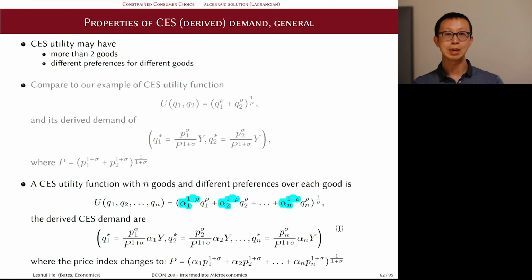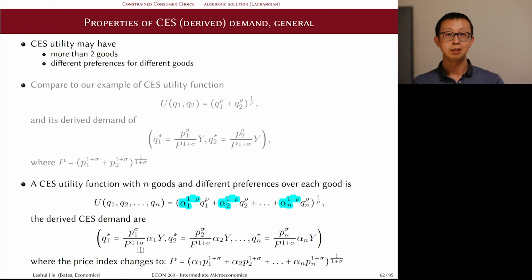Now, with these weights that shift the consumer's preferences toward each good, the demand isn't much worse either. They're still just determined by the ratio between the price of the good raised to the power sigma divided by this price index.